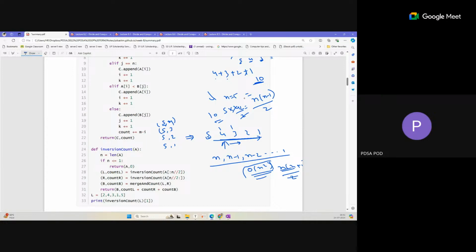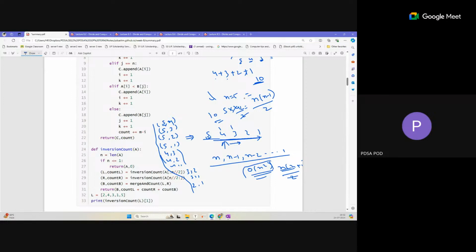Then 4 comma 3, 4 comma 2, 4 comma 1, so these are 3. Now 3 comma 2, 3 comma 1, and last is 2 comma 1. So in total there are 10 inversion pairs, and this is the maximum if our list is completely reverse sorted.